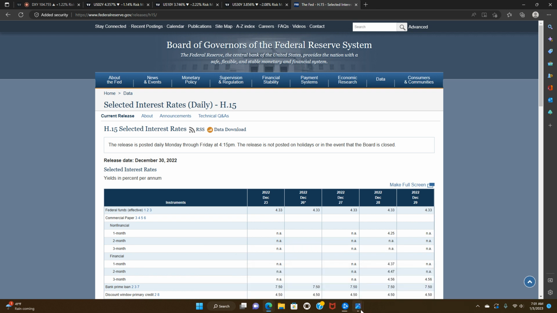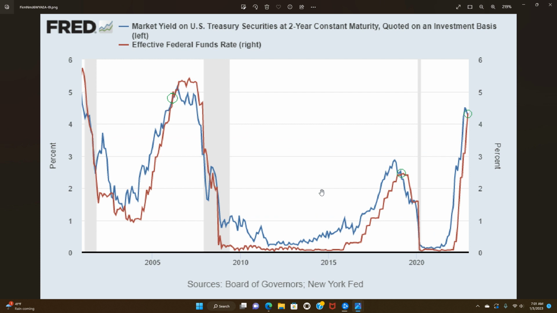Now, why am I mentioning this? Well, it's significant because if you look at this graph here, what I want to point out is that whenever you see the federal funds rate rise above Treasury maturity yields, that's very, very significant.